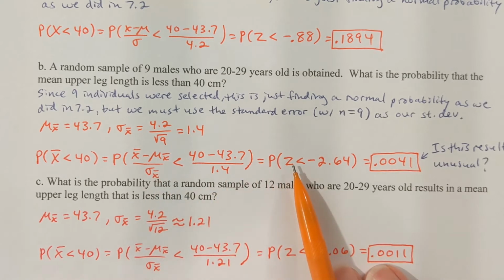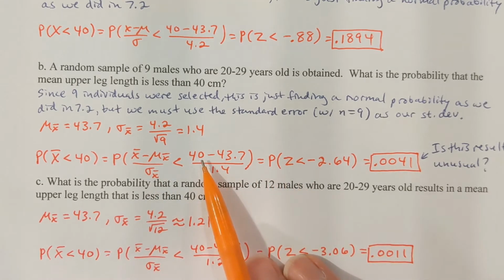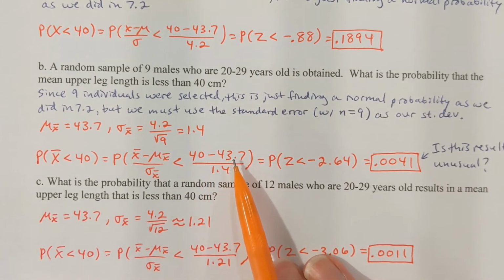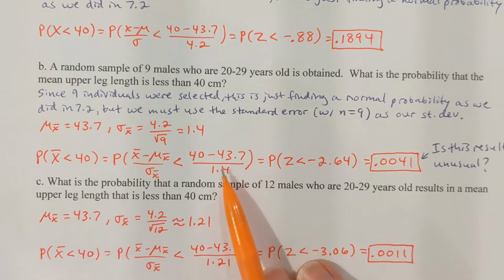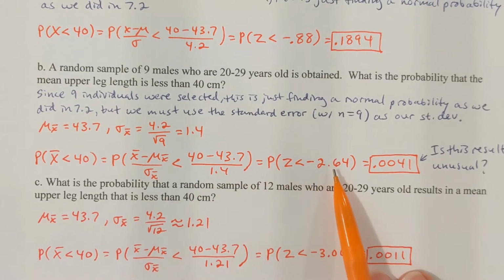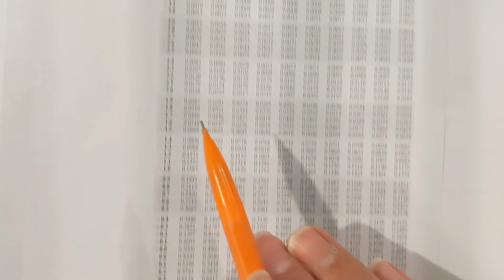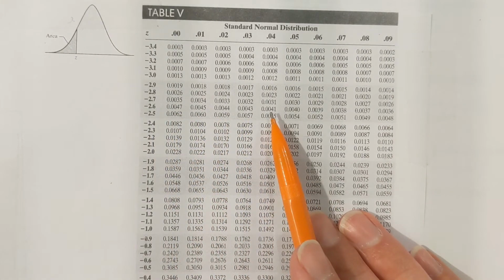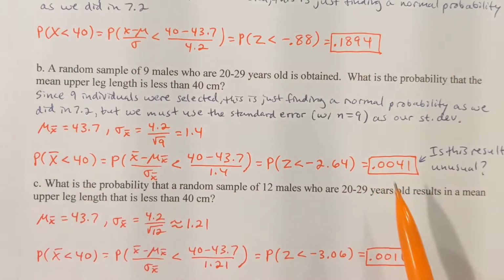X bar is 40, and I subtract mu sub x bar, which is the same as mu, 43.7, divided by sigma sub x bar, which we just found is 1.4, and we get a z-score of negative 2.64. Then I go to the chart here. Negative 2.64, the area to the left is 0.0041.